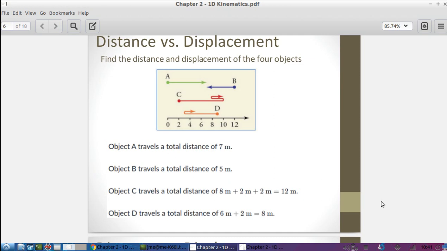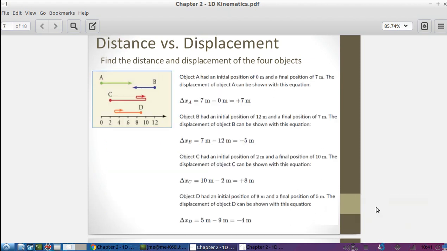Turns around, moves in the positive x direction from 3 meters to, it looks about 5 meters. So we're going to say that the second distance object D travels is 2 meters. So again, we add up those distances, 6 meters plus 2 meters, we've got a total distance of 8 meters.